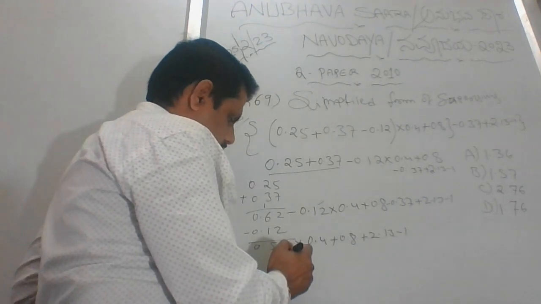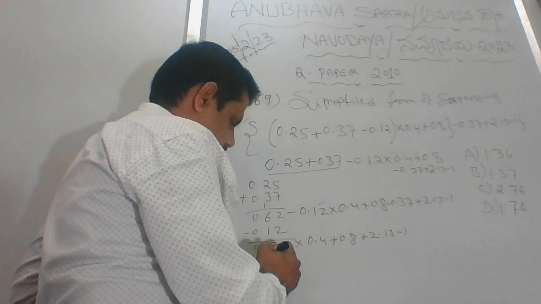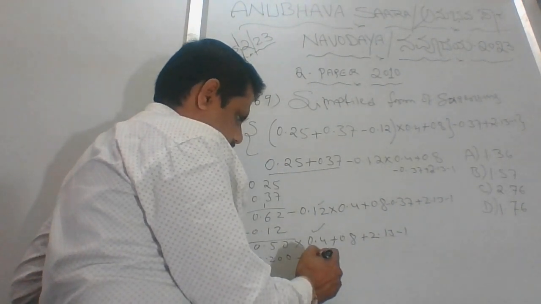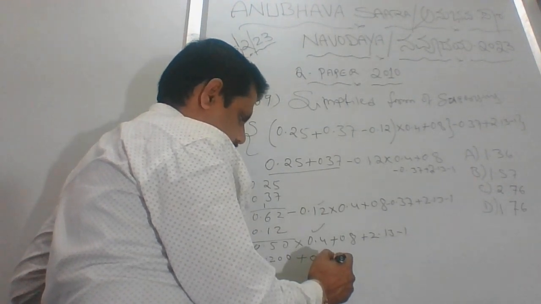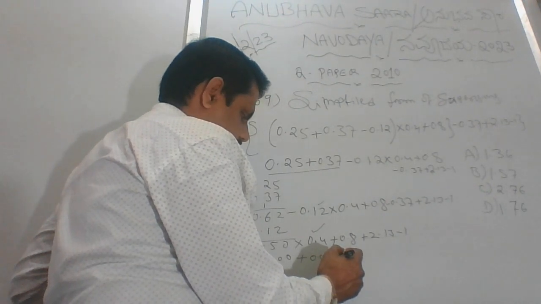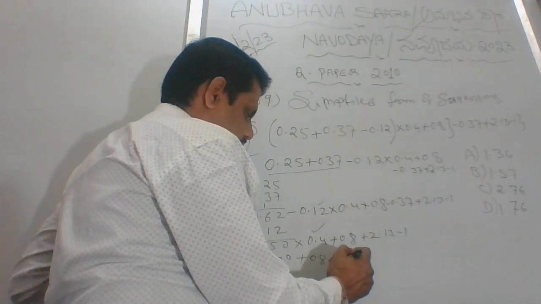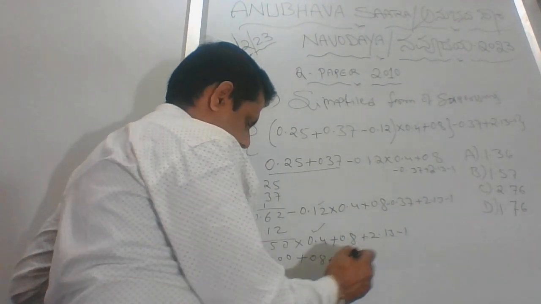Okay, this one there will be plus 0.8 minus 0.37 plus 2.13 minus 1.